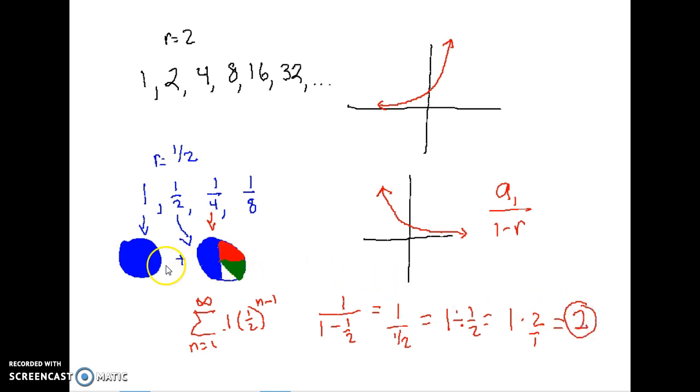That makes sense because I already have a whole, and then I keep adding parts of another whole together, and they're going to get closer and closer. Now, will all of our sums always get to an actual integer? No, that's not always going to be the case. Sometimes you will see problems get closer and closer to a decimal, and that's okay.